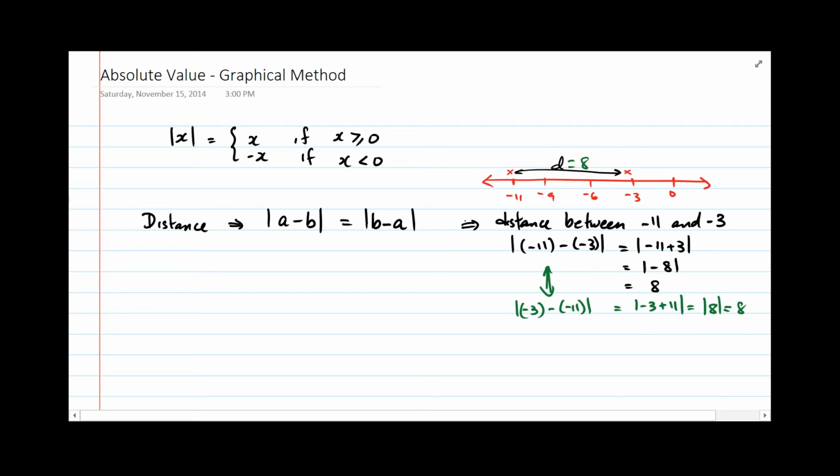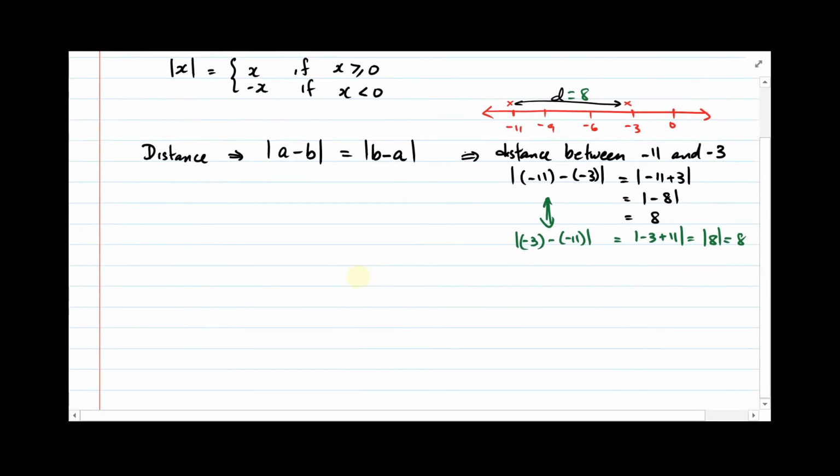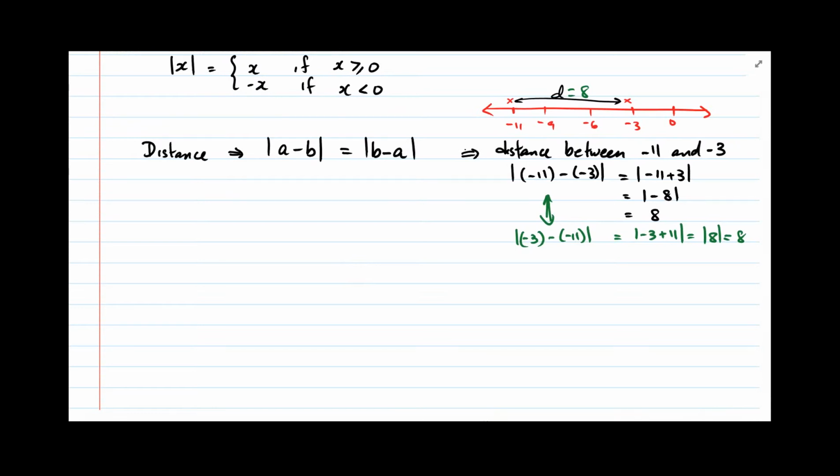All right, one of the other properties of the absolute value that I haven't mentioned before has to do with a product, and so we're going to explore it. The rule that I want to talk about is that the absolute value of A times B is equal to the product of the absolute values of the individual terms.